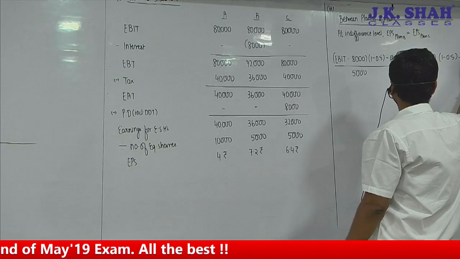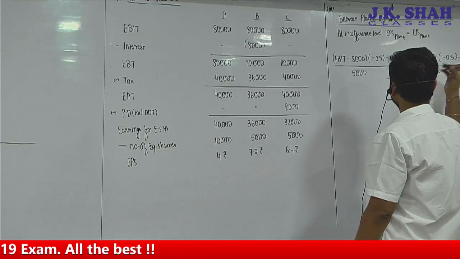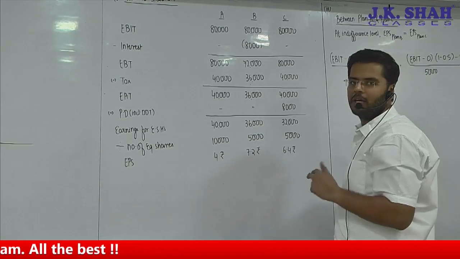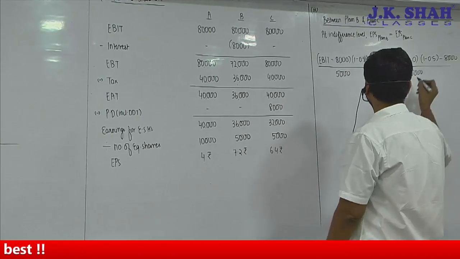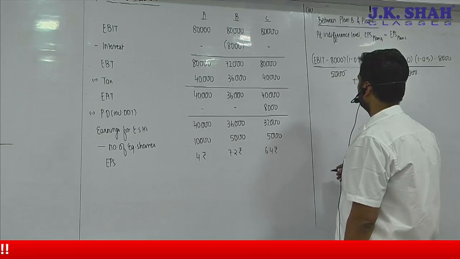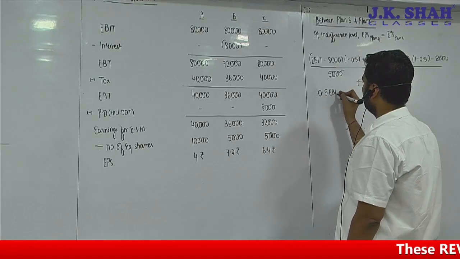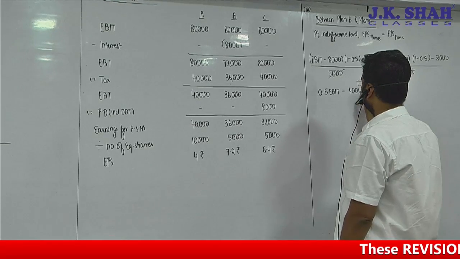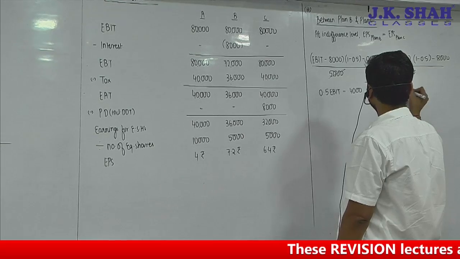So we subtract that 8,000 and divide it by the number of equity shares of plan C, which is 5,000. I'm telling you again, you will get the entire information from your table. So 5,000 ones are 5,000 ones are, so we now have 0.5 EBIT minus 4,000 equals 0.5 EBIT minus 8,000.